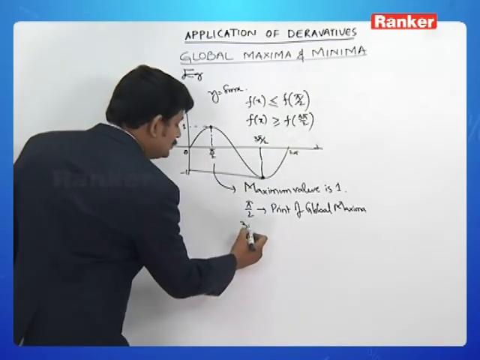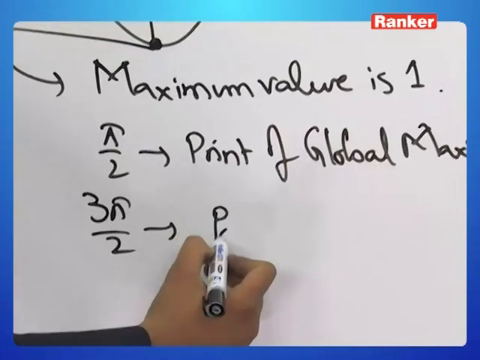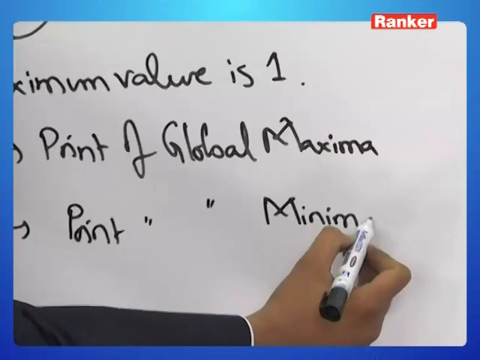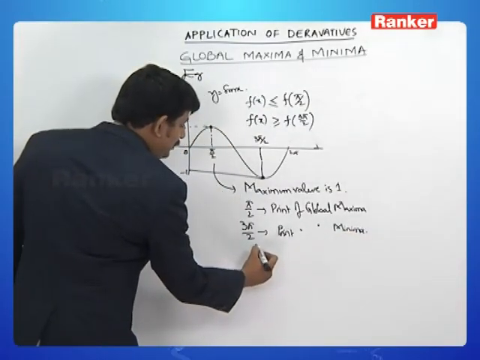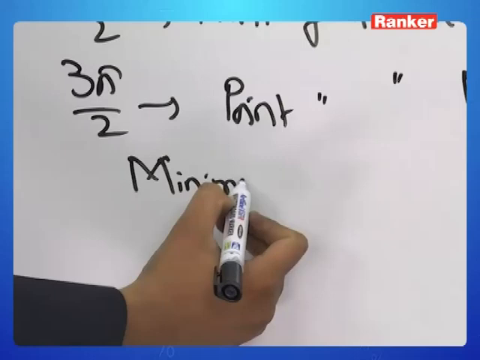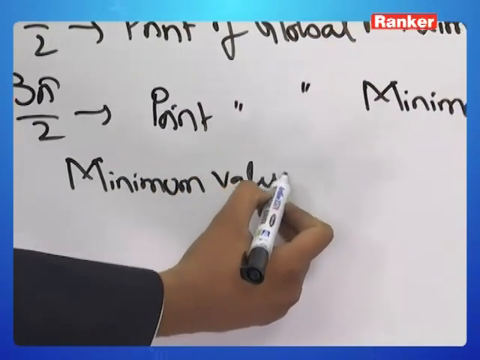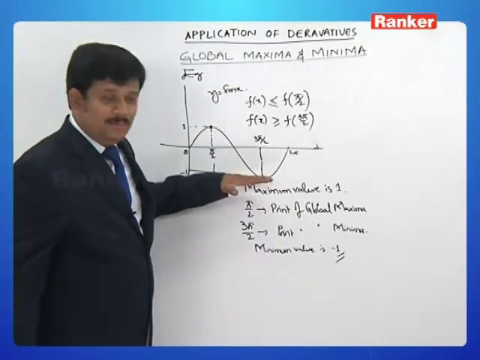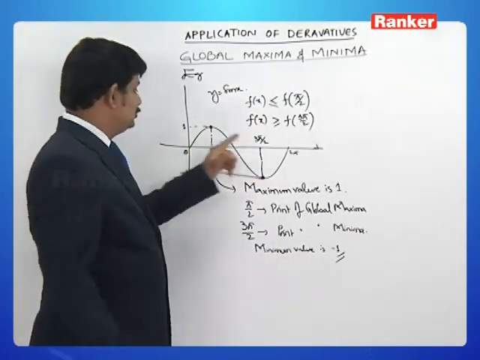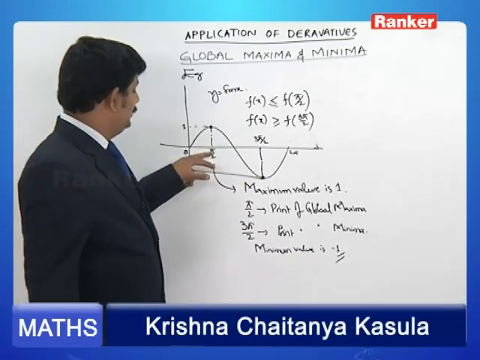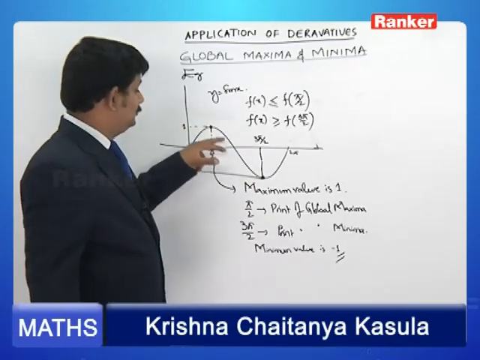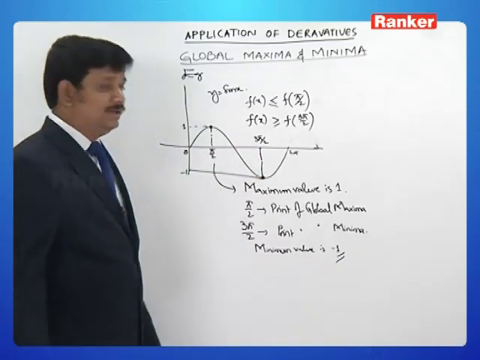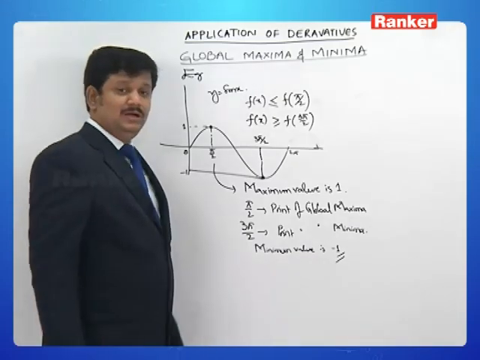So 3 pi by 2 is called a point of global minima, and the minimum value is minus 1. In the interval 0 to 2 pi the global maximum is at pi by 2, and 3 pi by 2 is the point of global minima. This is how graphically we can determine whether a point is global maxima or global minima.